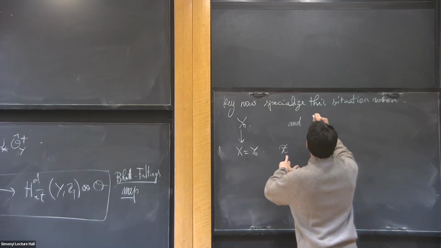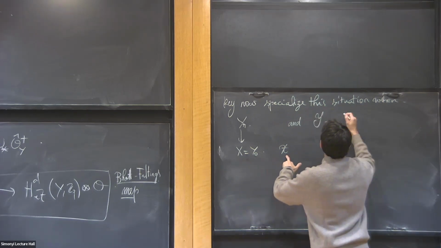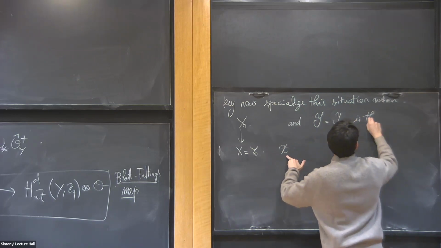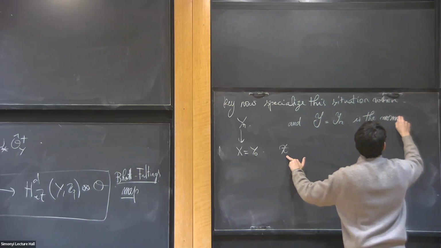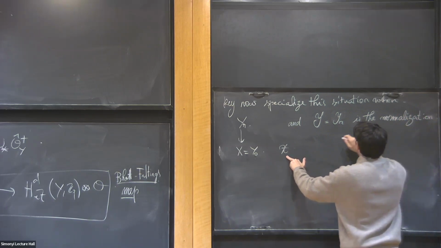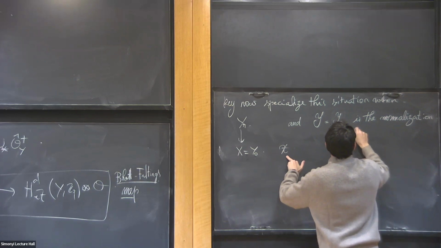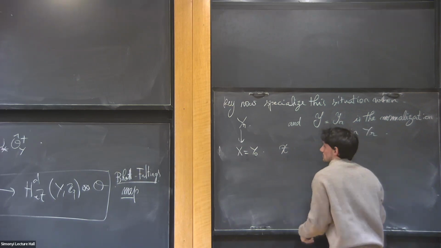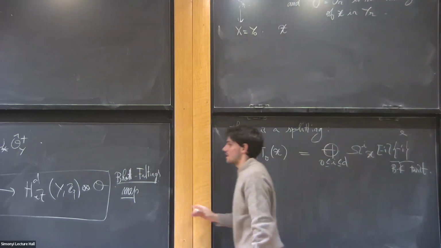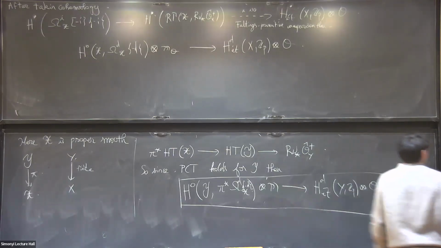And then let's say y_r is the normalization of x in y_r. Okay. So now you're exactly in this situation.